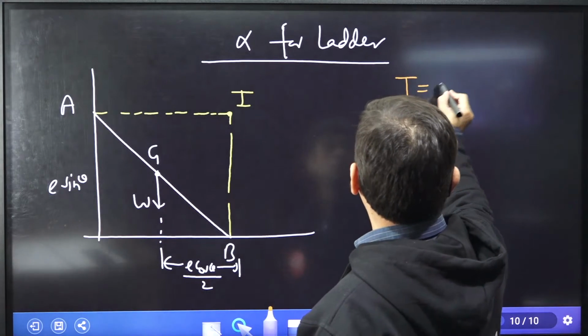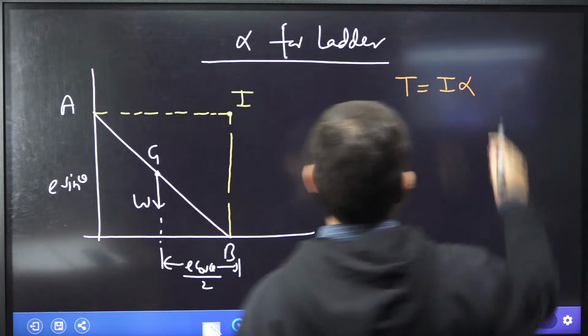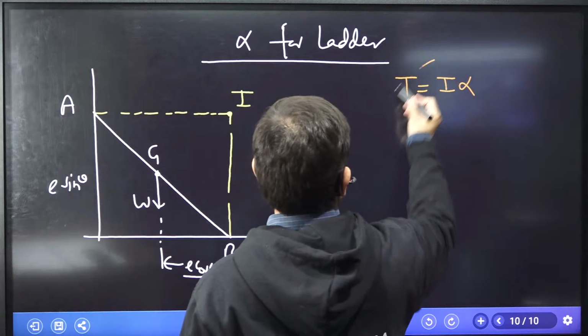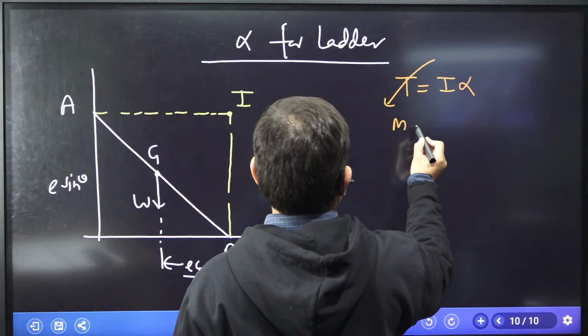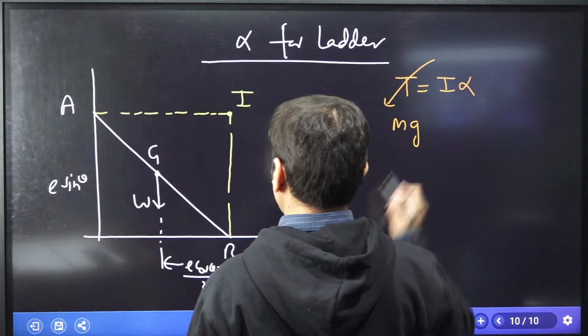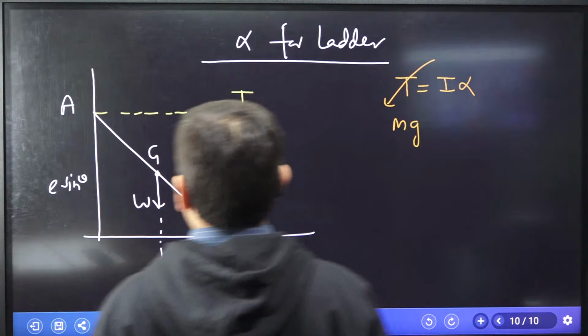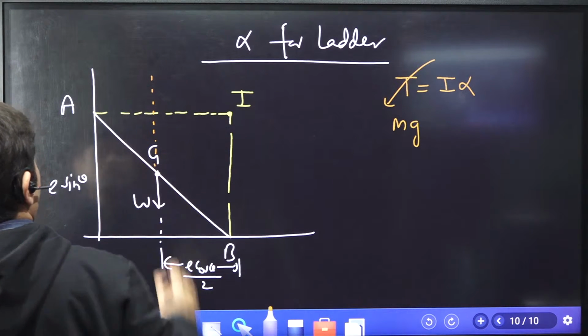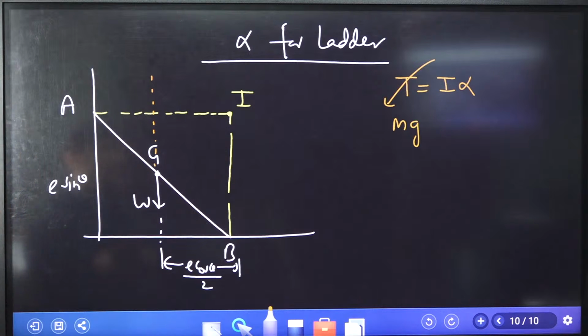Let me tell you now, you have seen this formula: torque is equal to I into alpha. Now, what is the torque acting on the ladder? See carefully. mg into... first tell me, this ladder is rotating purely about which point? I will say this ladder is purely rotating about the I center.